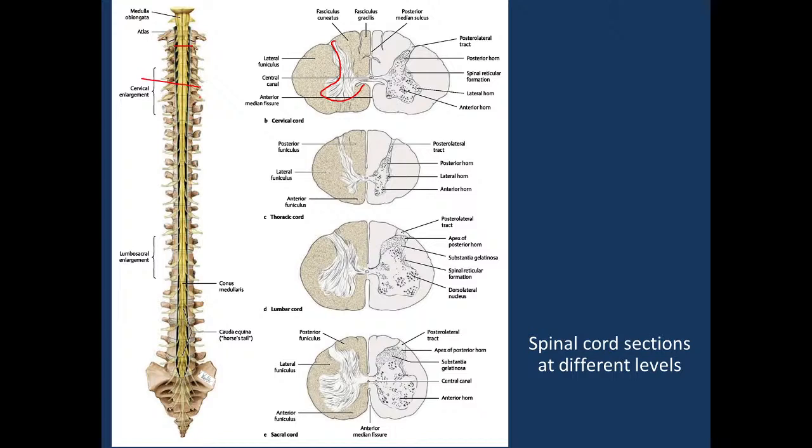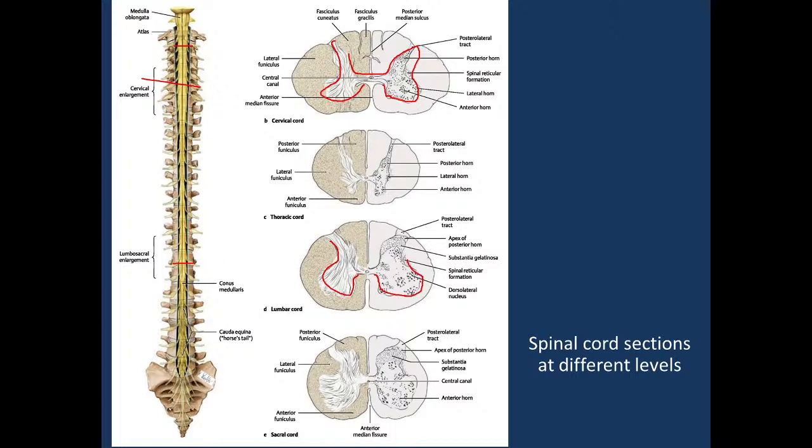In the cervical enlargement, this is a big part of gray matter, and also in the lumbosacral enlargement the gray matter is thick, because it contains a massive accumulation, I would say, of neurons that innervate the upper and lower extremities.